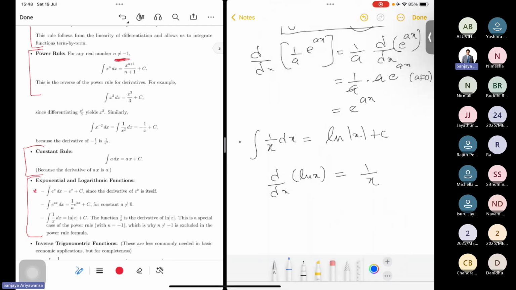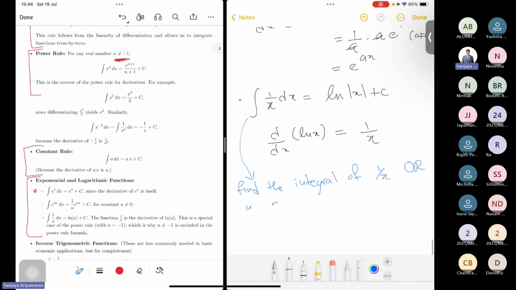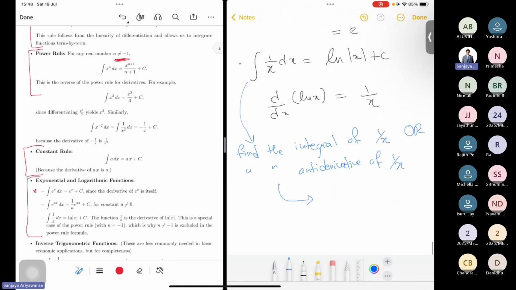I use these interchangeably: I say find the integral of 1 over x, or I say find the antiderivative of 1 over x. And the answer to that is log x plus c.